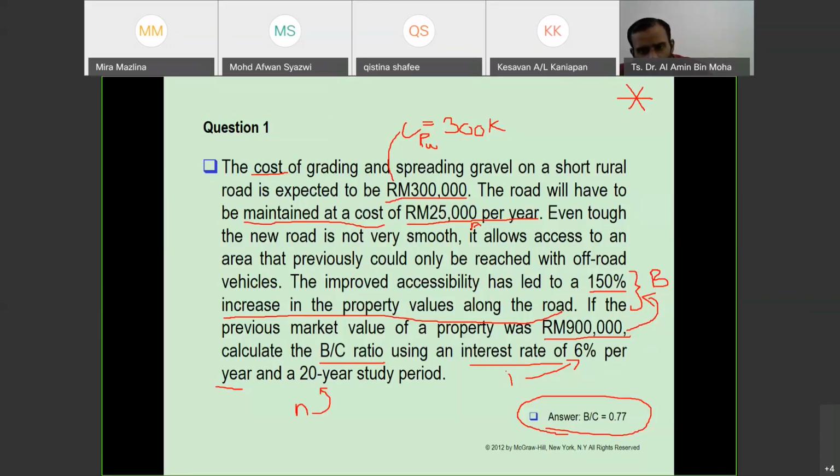This one we can also consider as a P. So if it is 2P, 1A, you can just use PW. So this is in PW, this is in PW, so you change this 25,000 A to PW.